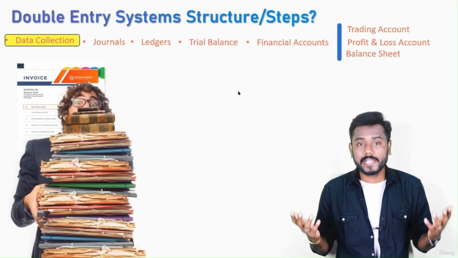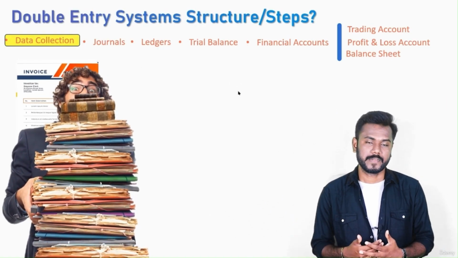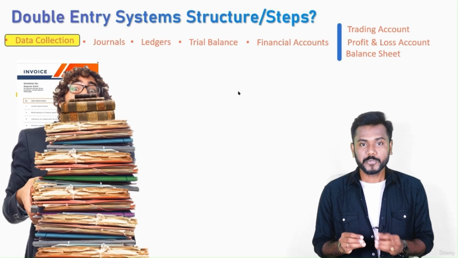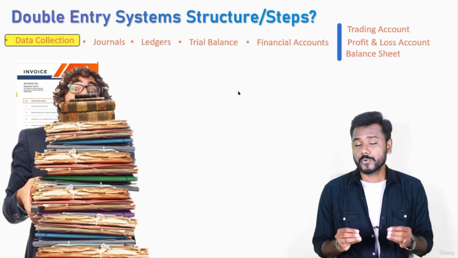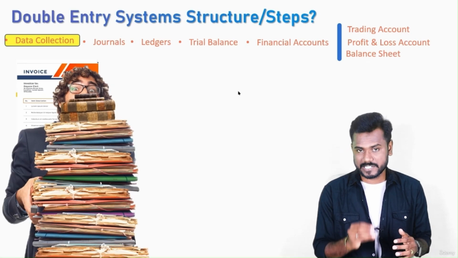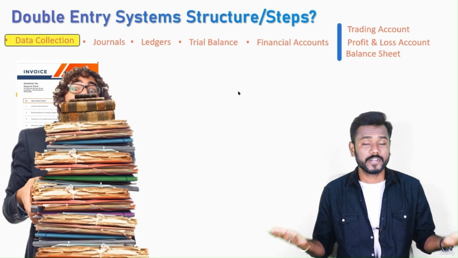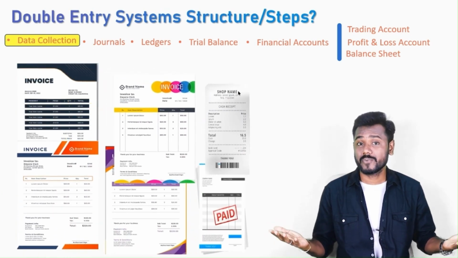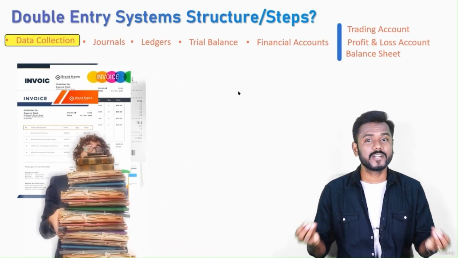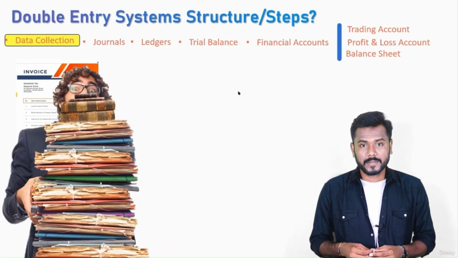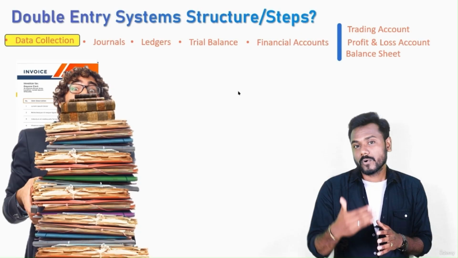But it is very huge to maintain. So if you really have 10,000 transactions in a month, you need to hold 10,000 invoices with you. Very difficult to manage. So we will go to the next step.